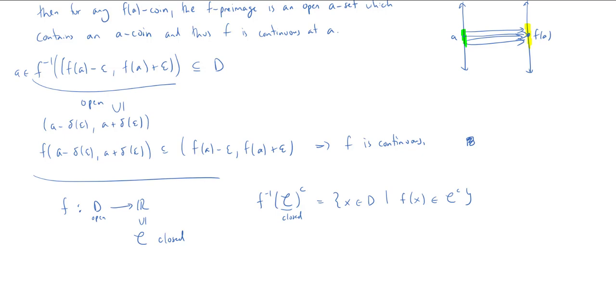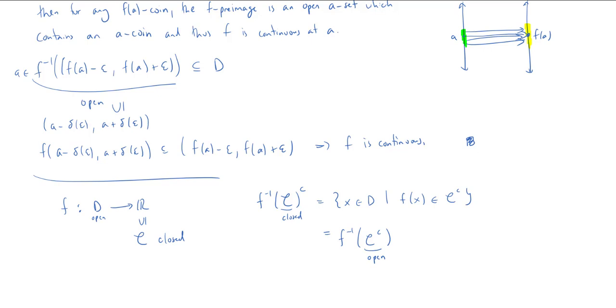Okay, but that's precisely then the preimage of C complement. Right? The preimage of C complement is all the elements of D that map into C complement. But because C is closed, that means that C complement is open.